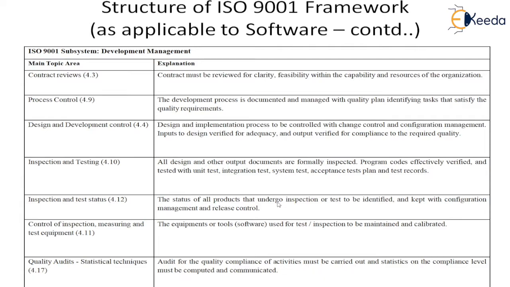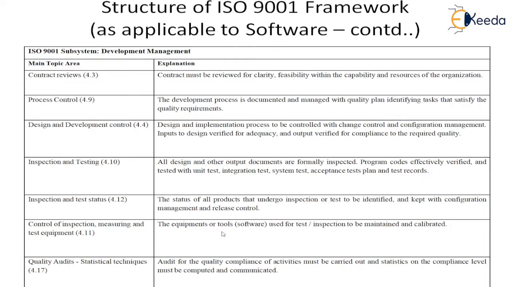And at what stage they are, the status of these work products has to be kept with configuration management and release control, whether they were released or they are still in work in progress.